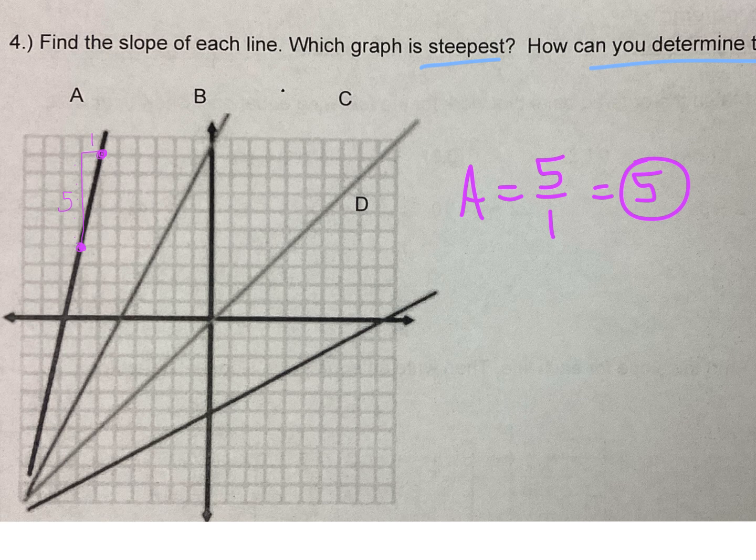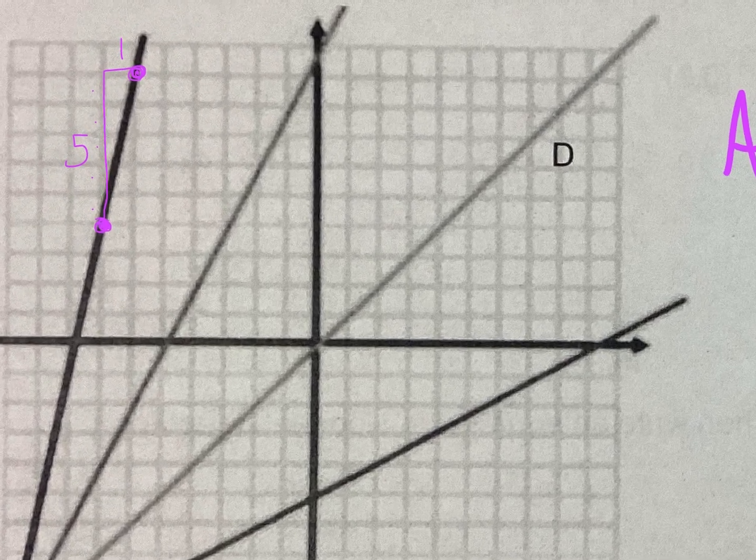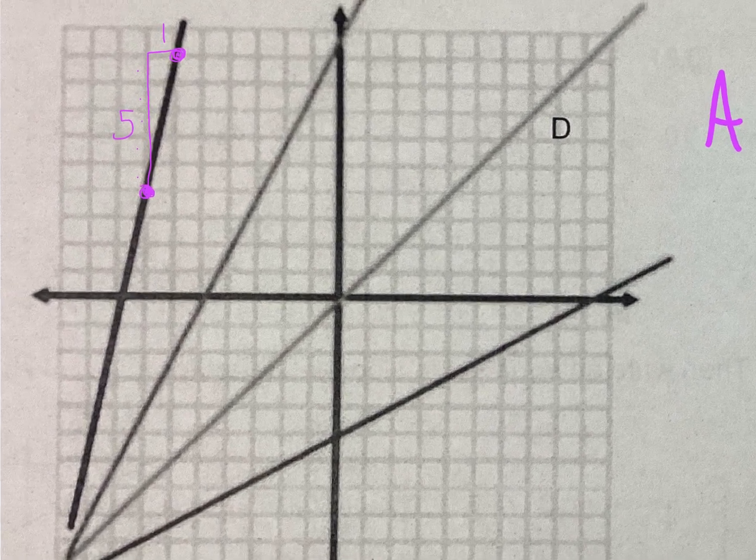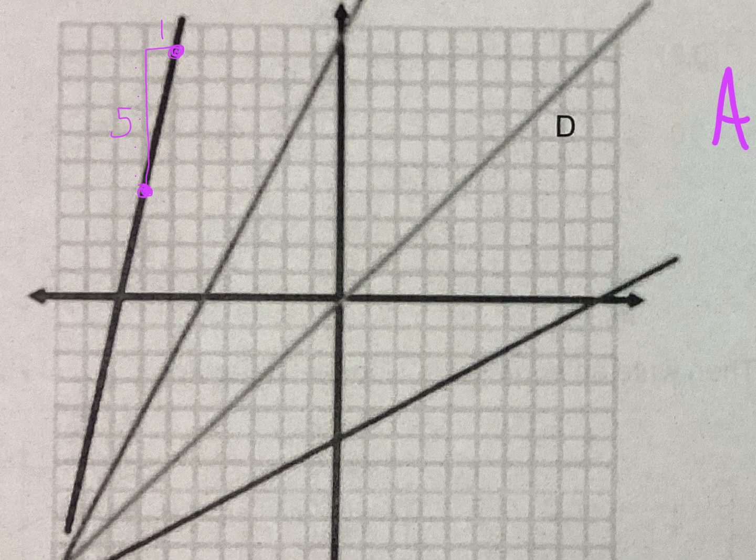Moving on to graph B, let's find good points. Okay, as I'm looking, I think I like right here as a good point. And possibly here is a good point.